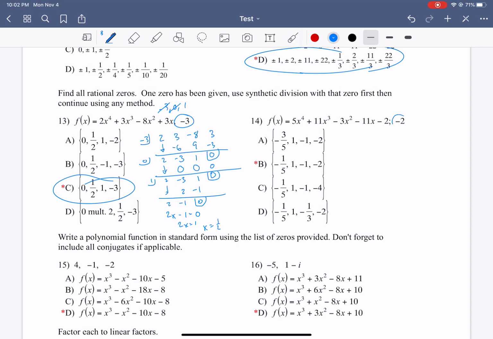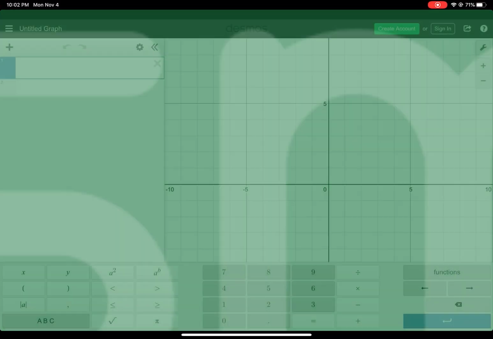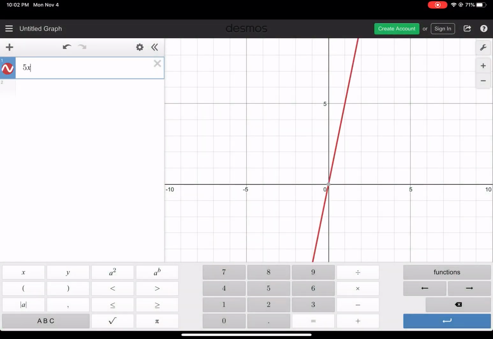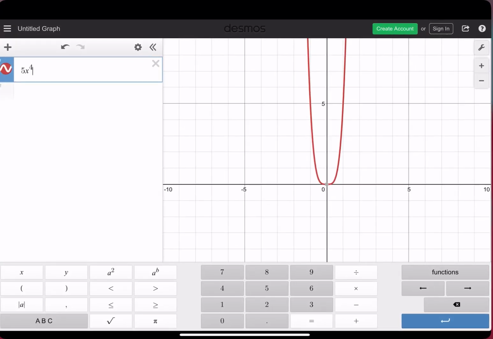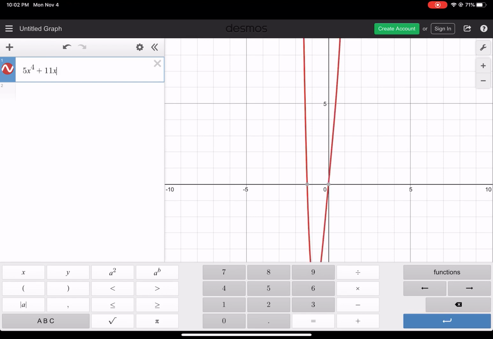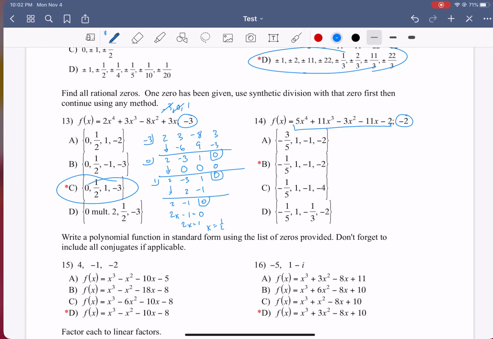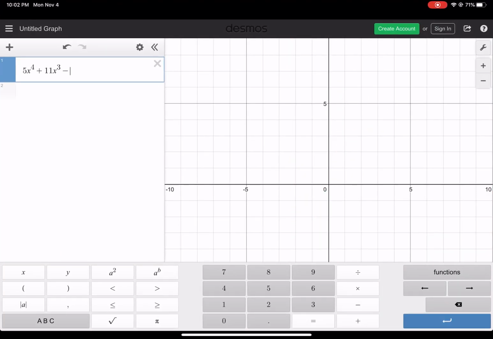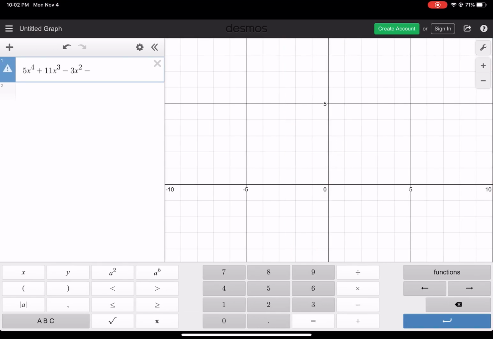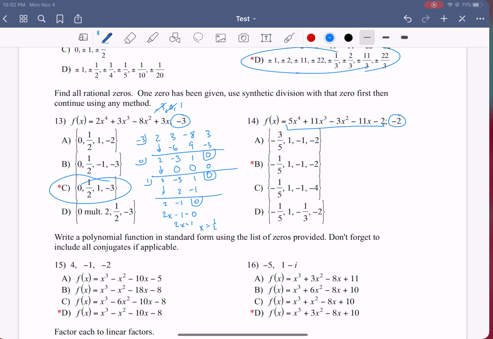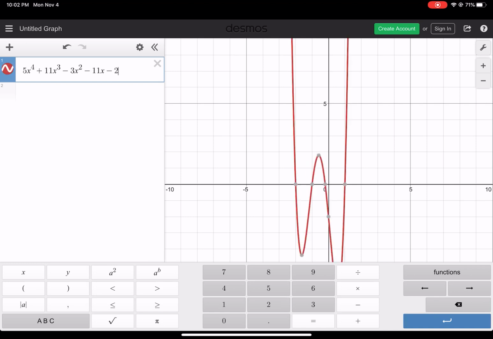Likewise, if we come over here, I give you one, and we can graph this real quick to see what it looks like. So we have 5x to the 4th plus 11x to the 3rd minus 3x squared minus 11x minus 2.